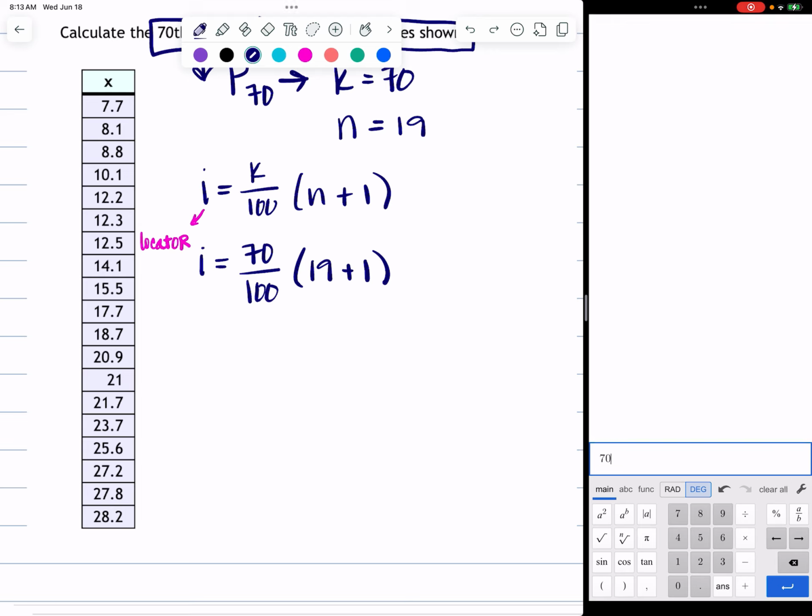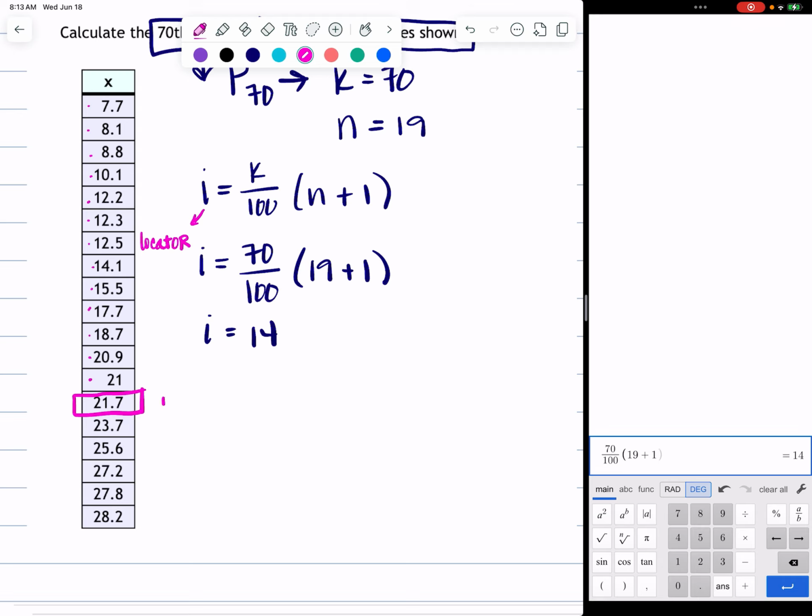When you're plugging things into StatCrunch and it is an expression like this, you reduce your chances for error if you plug it in all at once. So we want to go look for seat number 14. 1, 2, 3, 4, 5, 6, 7, 8, 9, 10, 11, 12, 13.